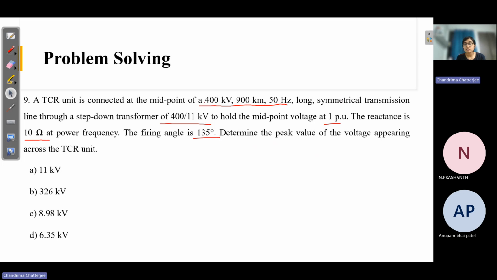What they are doing, they are giving the rated voltage, the length and the frequency. Then there is a step down transformer. There is an additional component.